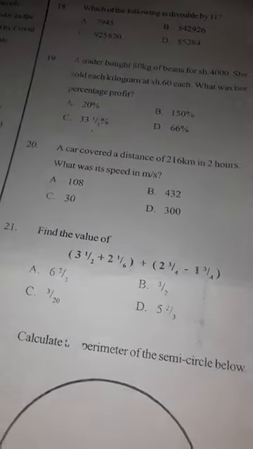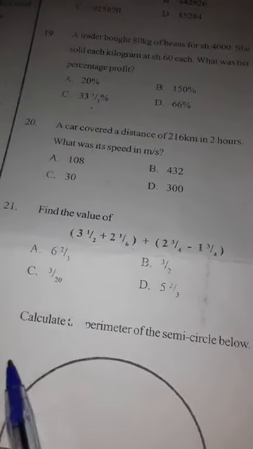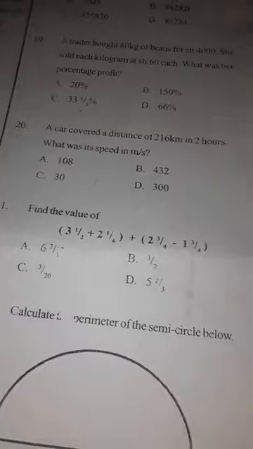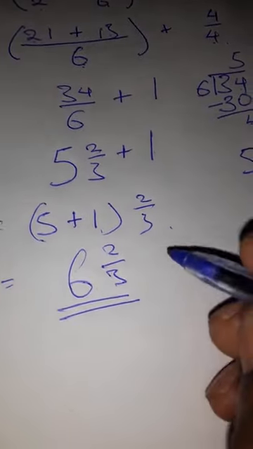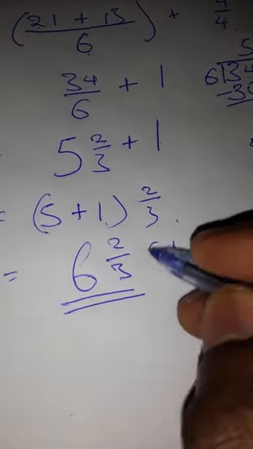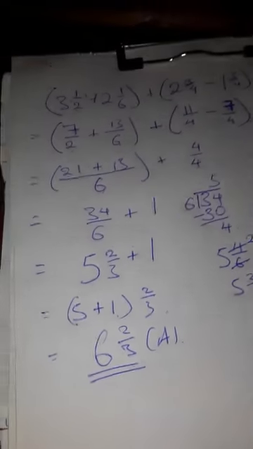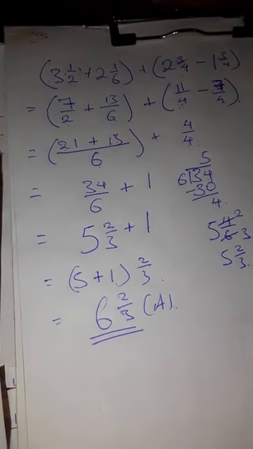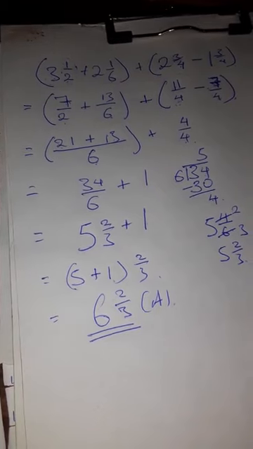And when you come to our question here, 6 and 2/3 is here in choice A, and that's where we have our answer. So this one is another question which is highly likely to come in your KCPE.